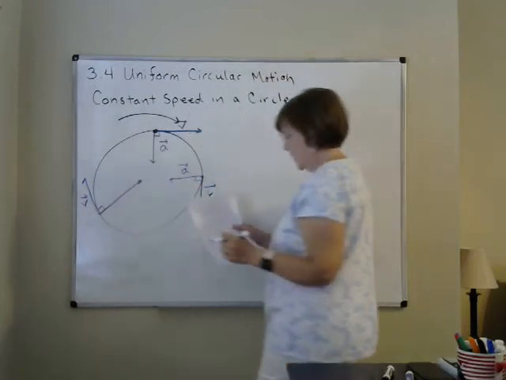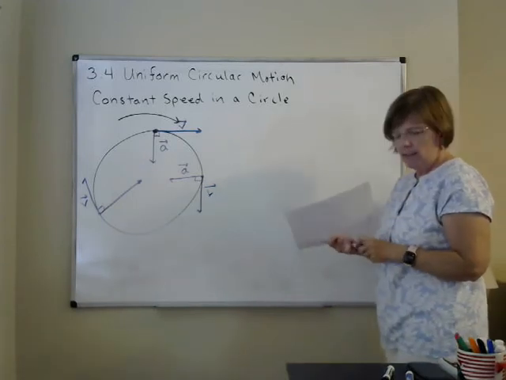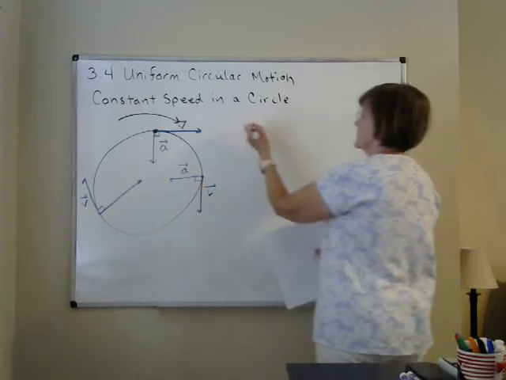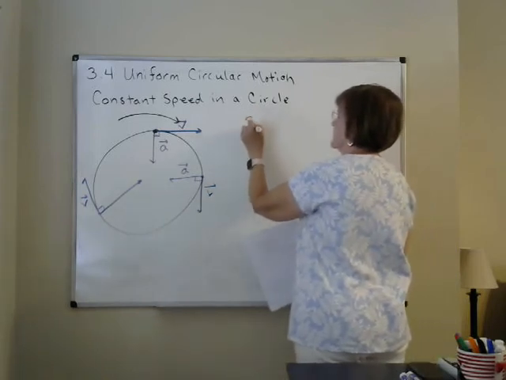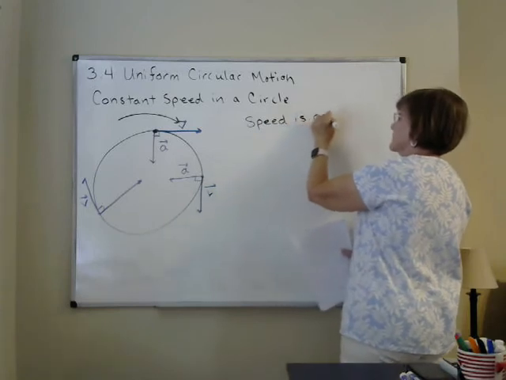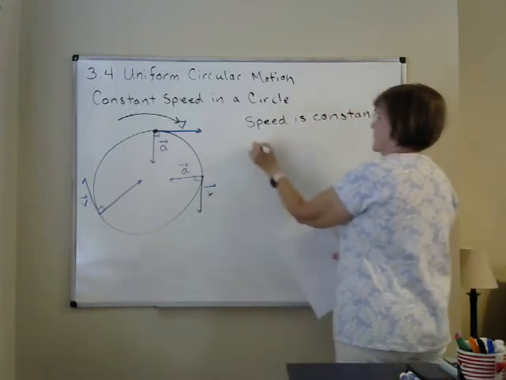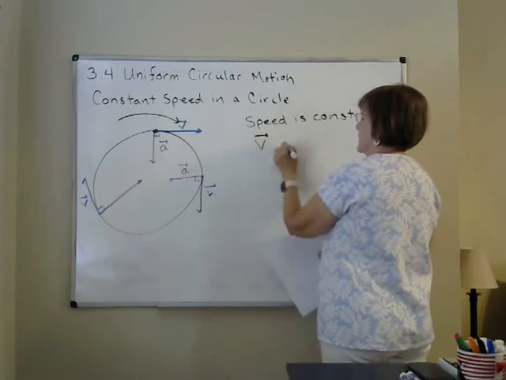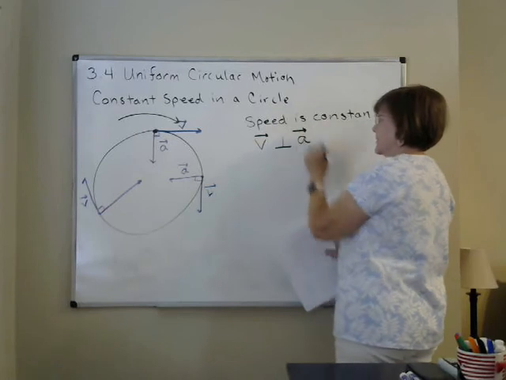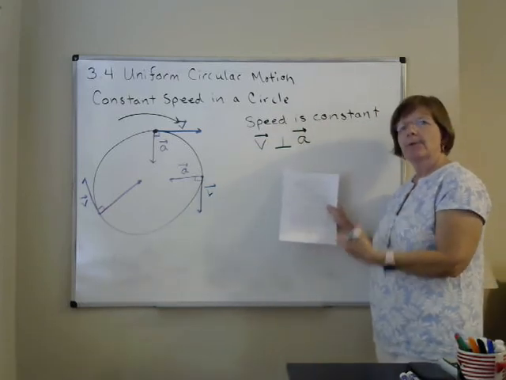In fact, what we see is that since the speed is constant, the velocity is perpendicular to the acceleration. That little upside down T is just a math symbol. It means perpendicular.